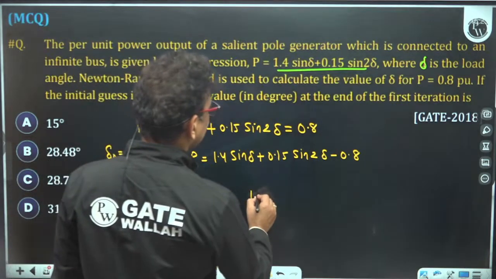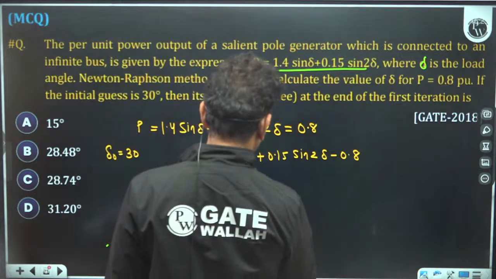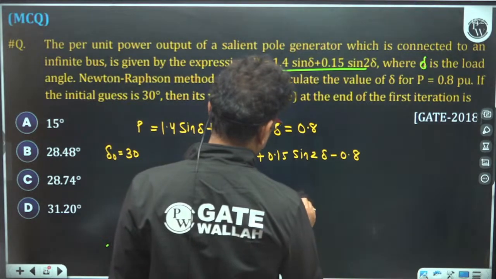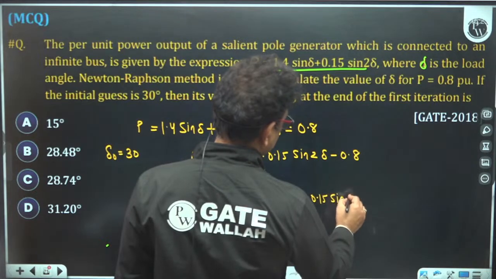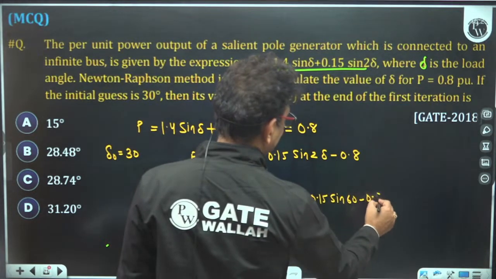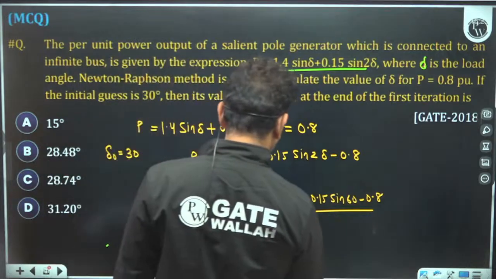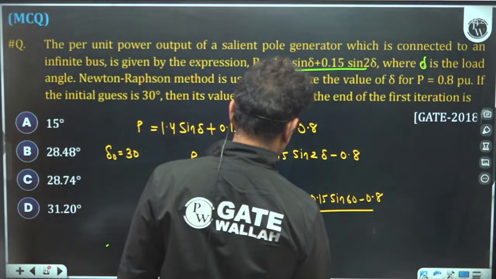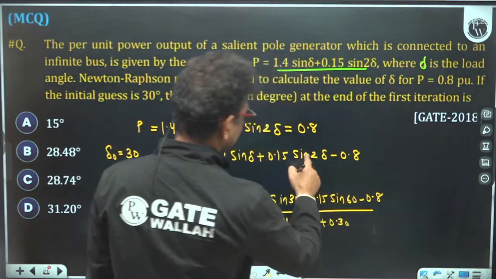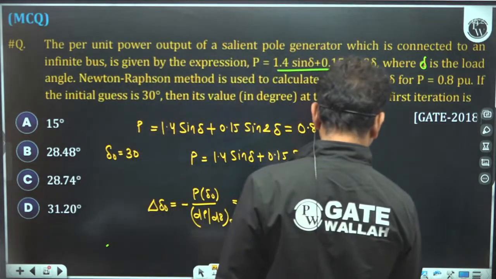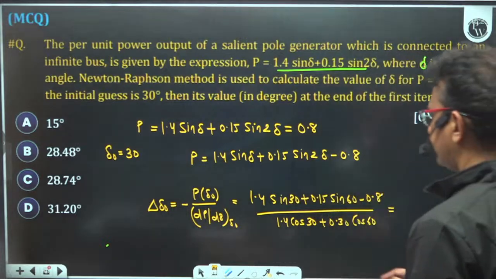So it is 1.4 sine 30 degree plus 0.15 sine 60 minus 0.8. d upon d delta is 1.4 cos delta plus 0.30 cos 2 delta, cos 60 degree. The negative of this.